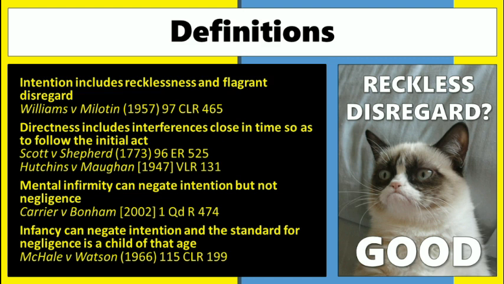So the example here is Scott and Shepherd. There the defendant had what we call a squib, which is a little ball filled with gunpowder and having a fuse, and they threw it in the marketplace, and somebody caught it and immediately threw it to the next stall, and then the next person grabbed it and immediately threw it to the next stall. It's almost a cartoonish scene that happened there.